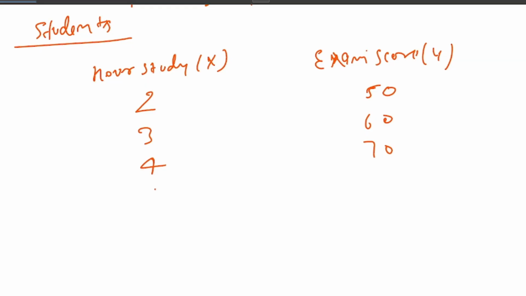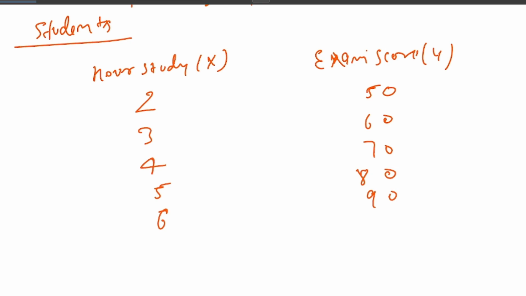Here is a student data set: how much a student studies is x, and the exam score is y. If a student studies 2 hours, he gets 50 marks; 3 hours, 60 marks; 4 hours, 70 marks; 5 hours, 80 marks; and 6 hours, 90 marks, right?